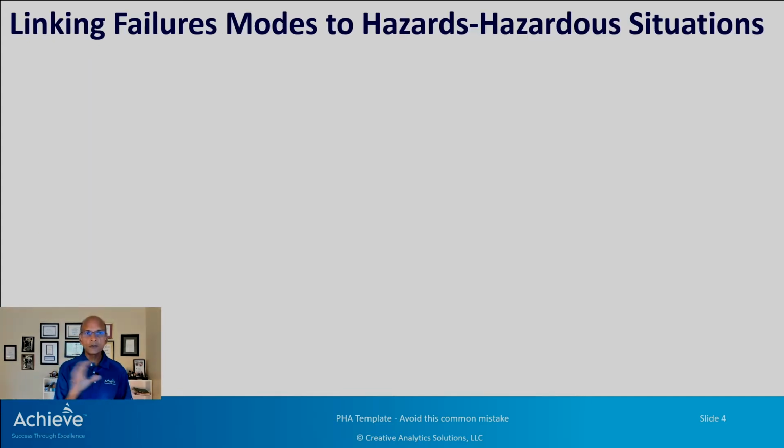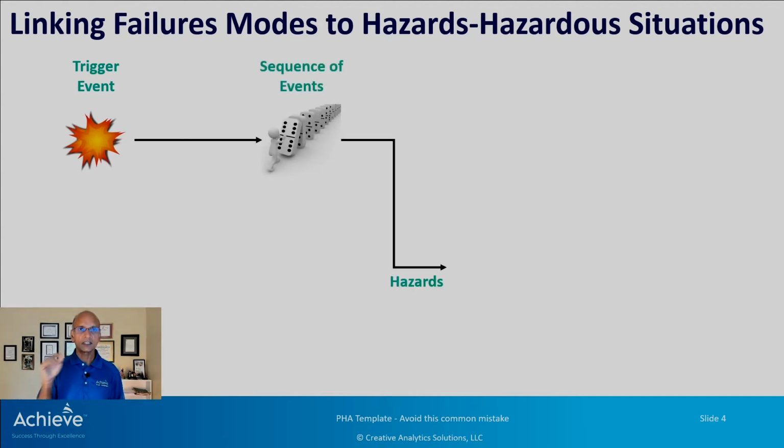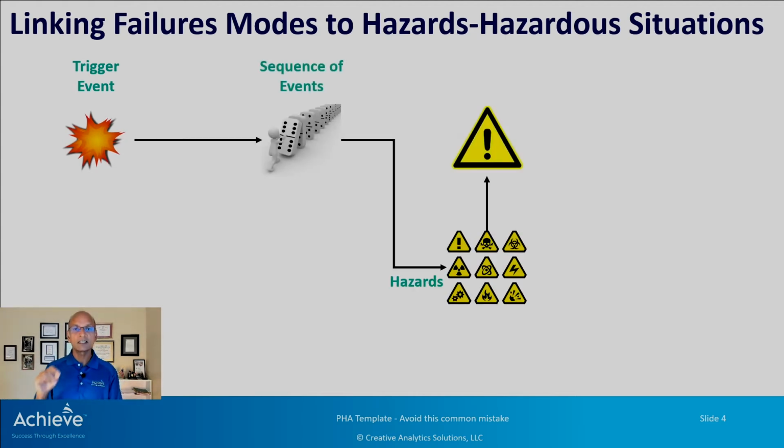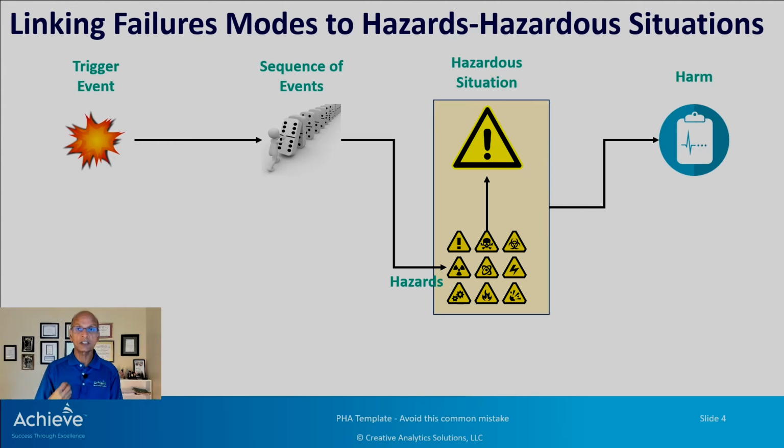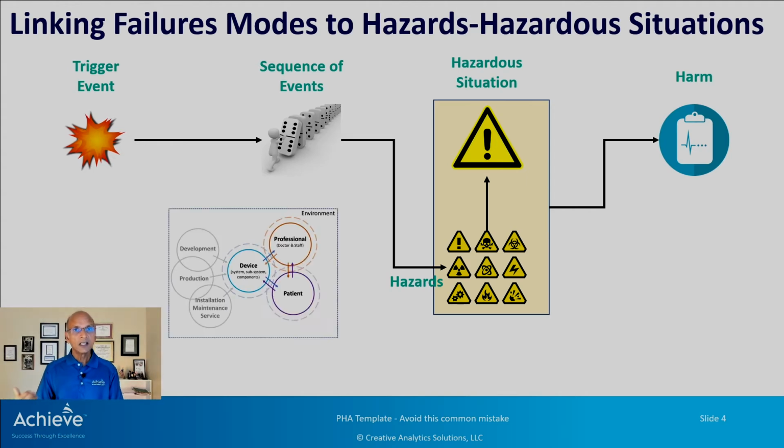So how do we visualize this? Where does our failure analysis or FMEA fit into this whole picture? Well, this is the scenario. A trigger event leads to a sequence of events, makes one or more hazards active, and the user or patient is in a hazardous situation and experiences one or more harms. Now, failure modes or failure of a device is a completely different system, shown in a complex slide here. The device is interfacing with the professional and the patient.